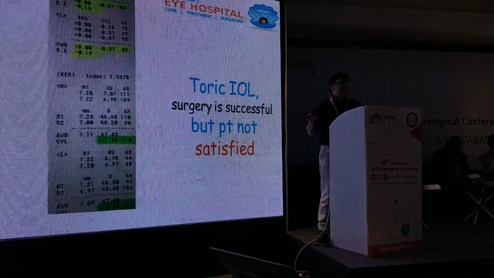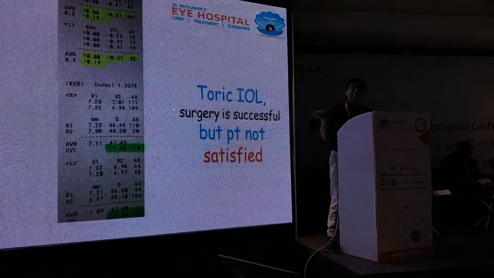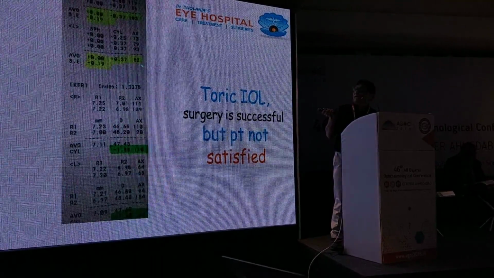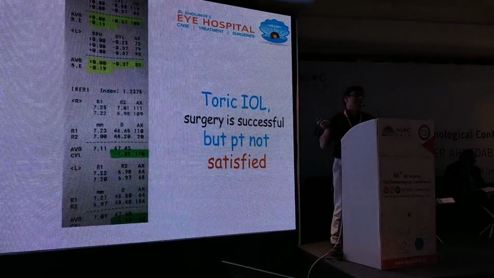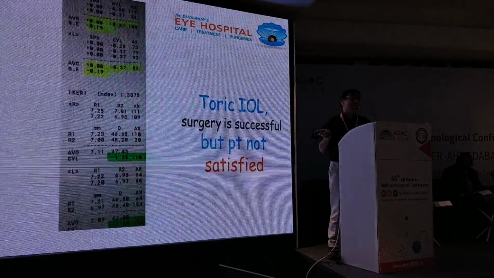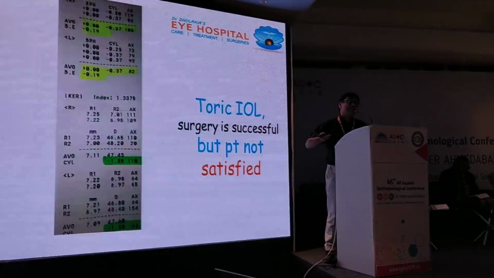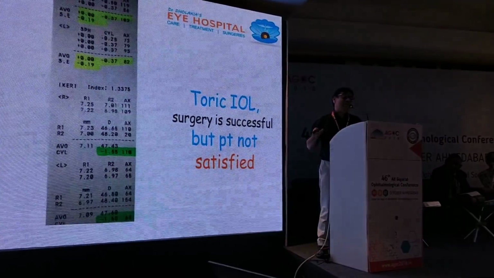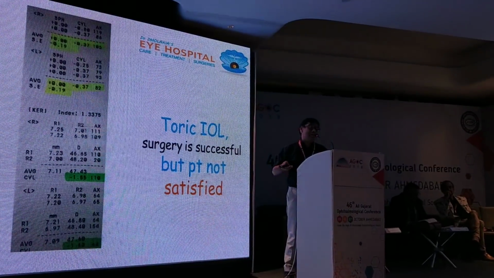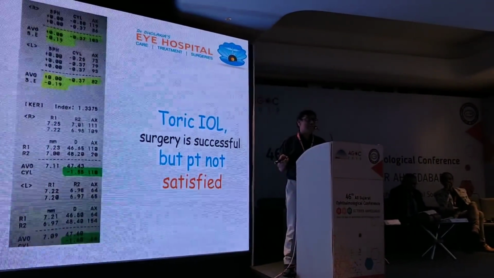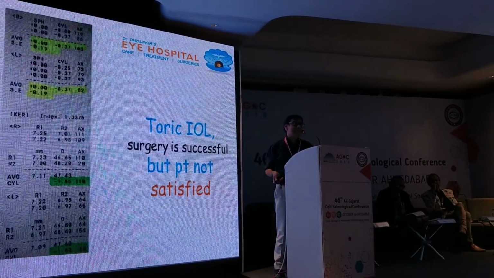One fine morning, she came to me for cataract surgery, and I did an excellent cataract surgery with toric IOL. After 6 months, I was expecting she would greet me and be very happy, but she said she is not happy. I asked why. She said, I never wore glasses, but now I can't read my near vision. I'm not happy with my near vision without glasses. I have to wear glasses. She has bilateral arthritis and all that.